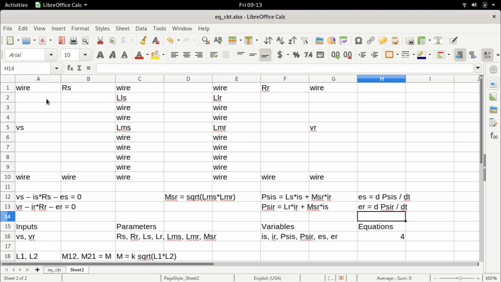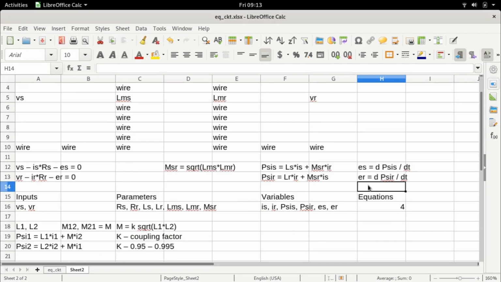So we are using KVL, we are using Faraday's law, and we're using the basic magnetic property that comes from Ampere's law and maybe Maxwell's law. These are our laws. So we have added 2 more equations, making 6 equations. So you see what has happened now.